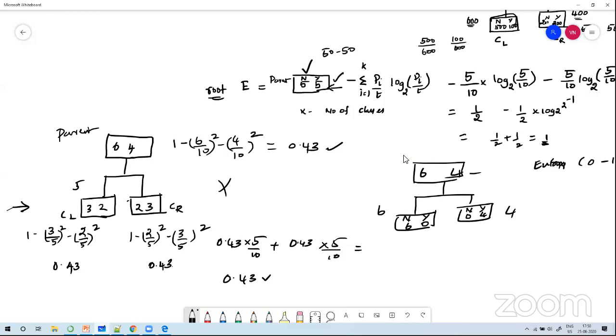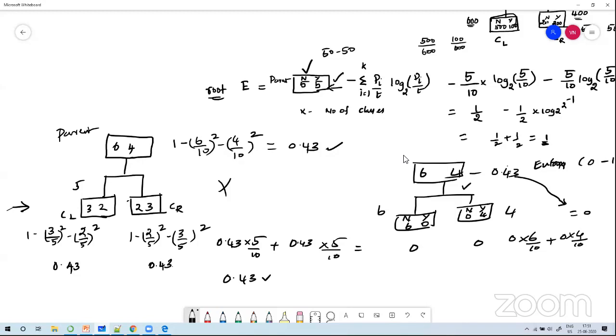So what is the impurity at the root node? 0.43 at the parent node. What is the impurity at the child nodes? Left-hand child 0, right-hand child 0, weighted average of it, 0 into 6 by 10 plus 0 into 4 by 10, is also going to be 0. Look at the decrease in the impurity from 0.43, it becomes 0.